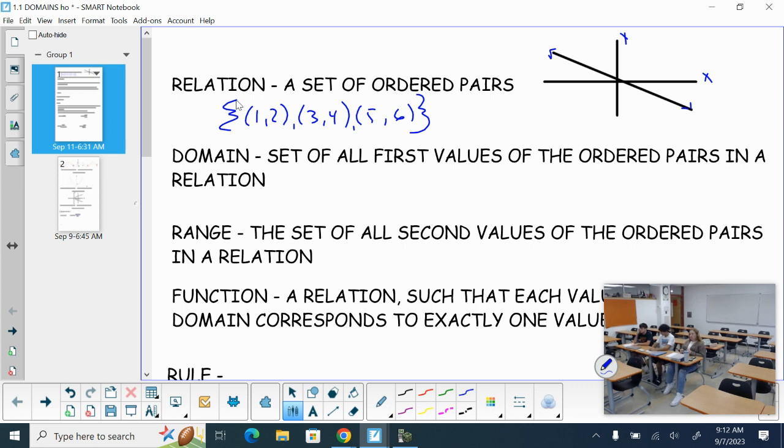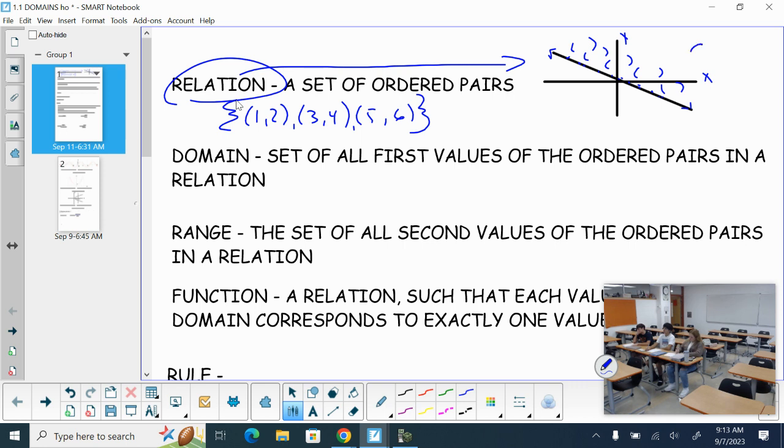So with every one of those points, we have an ordered pair. Each one of those points has an x coordinate and a y coordinate. So we have an infinite number of points here as we go along this line, which means we have an infinite number of ordered pairs that go on this line.